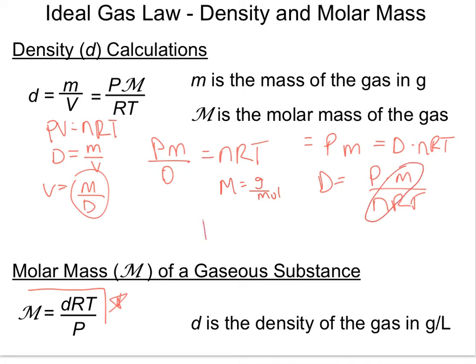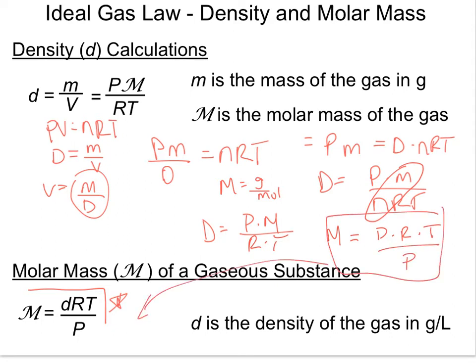So we can rewrite this equation to be density equals P times molar mass divided by R times T. And if we rearrange this equation one more time to solve for molar mass, we end up with molar mass being equal to density times R times T, all divided by P. So this is the equation that we have right here.